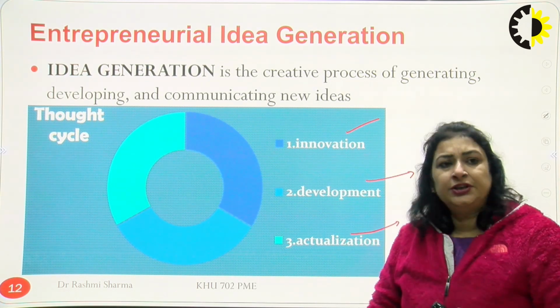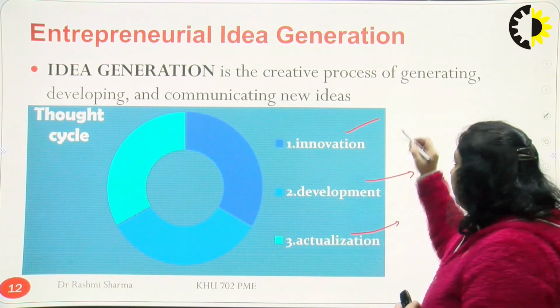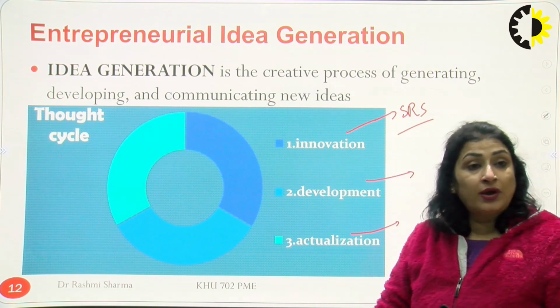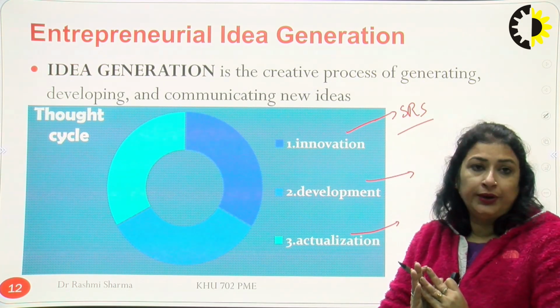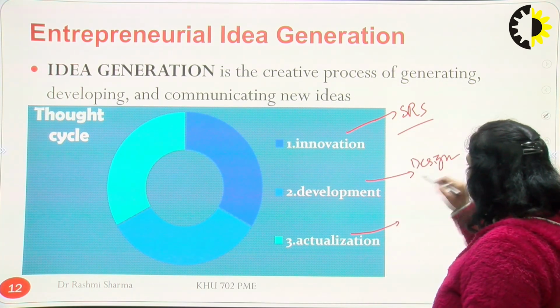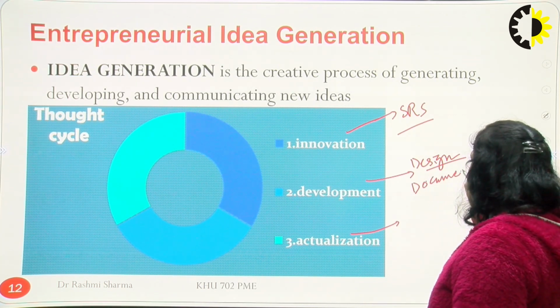If I convert this into a software product life cycle, then definitely this is the SRS, the software requirement specification, which I have in my mind, what I have to do. That is my SRS. When I design and the design document is ready, then it is the development part.